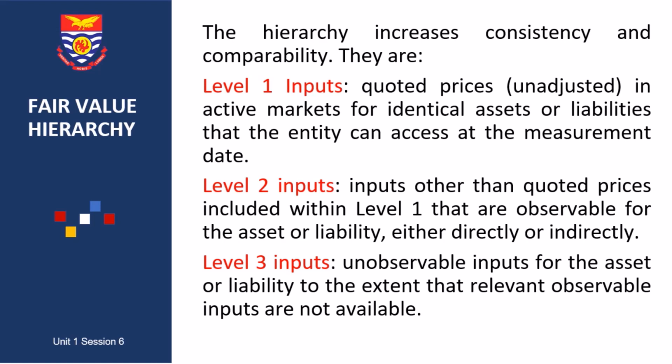So we have the same items in the market. Their prices are quoted, so they are the level 1 input. As soon as you're able to identify these identical assets and liabilities, you can have access to their value at the measurement date because they are already available. They are existing in the market. So that is level 1 input.